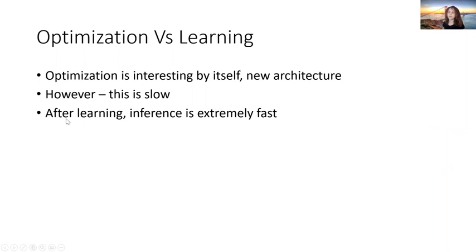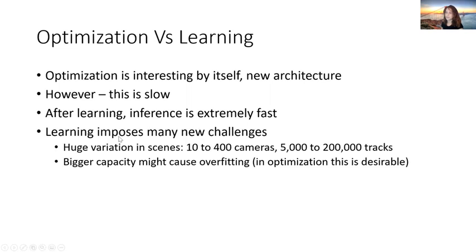So we wanted to try learning, which is a completely new difficult problem. And the advantage is that after learning, inference is very fast. But learning imposes many new challenges that we don't have in optimization. I think that the hardest problem is that there were huge variations in the data set.